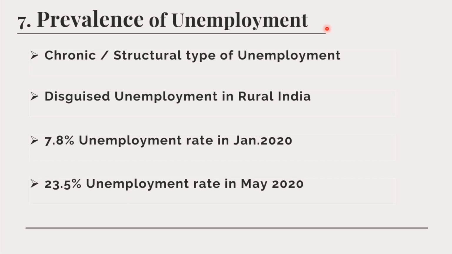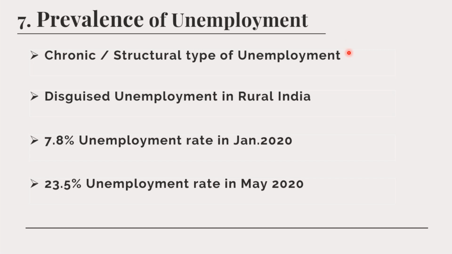The type of unemployment which we see in our country is a chronic type of unemployment, or we may say it is a structural type of unemployment. The structural type of unemployment is such an unemployment situation which depends upon the structure of our economy.